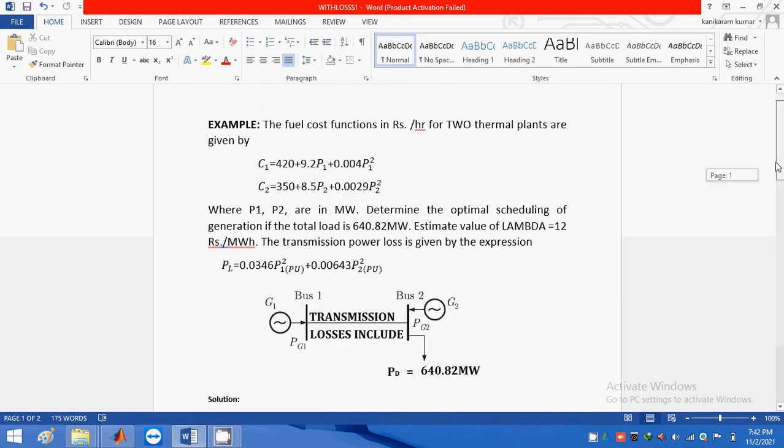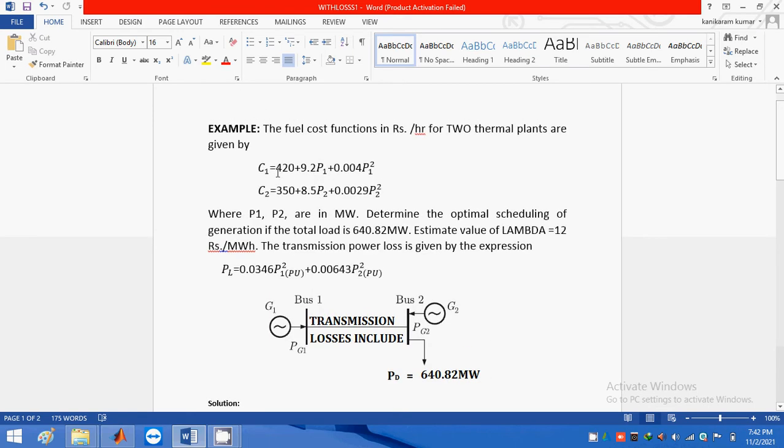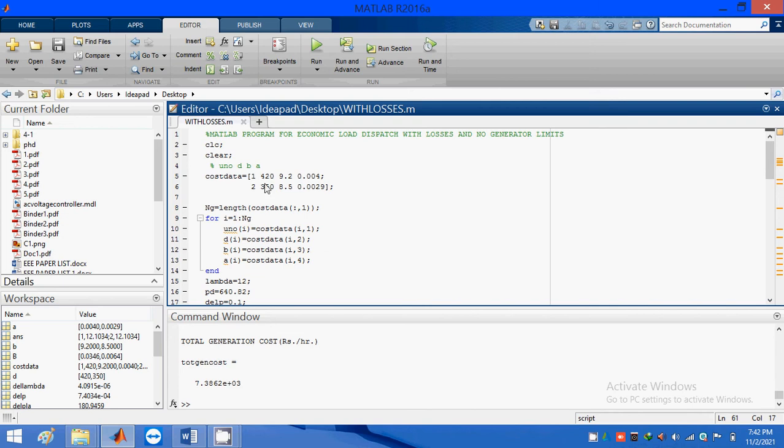The cost data refers to the fuel cost data: 1, 420, 9.2 and 0.04. In this way we mention the cost data. Then I need to mention the number of generating units. If you have two generating units, the iterations will be for 2, so I need a for loop, since each and every terminal needs to change.